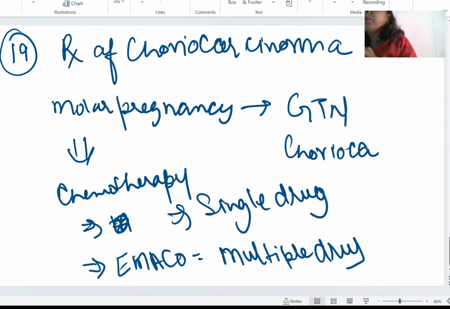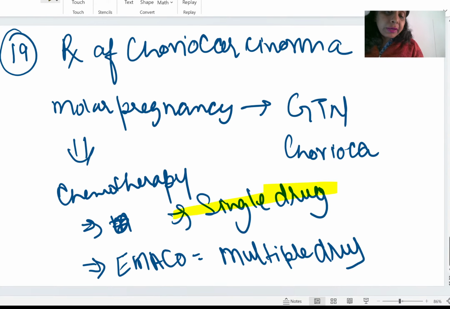Choriocarcinoma treatment is chemotherapy. Which drug to choose depends: it has two treatments, single drug or IMACO multiple drug. When we use a single drug, we use methotrexate.